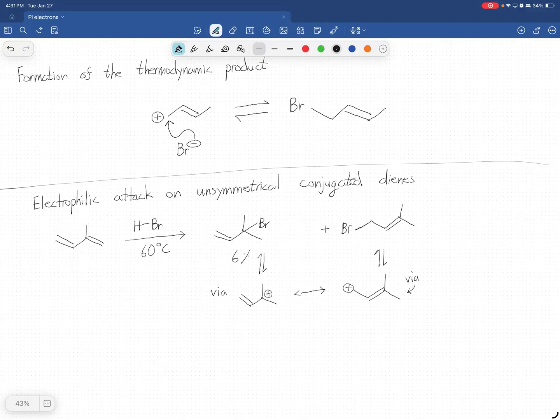Under these conditions, this is present in 94%, so this is the primary product. So at high temperatures, what kind of alkene are we going to favor? The more stable alkene or the less stable? At higher temperatures.